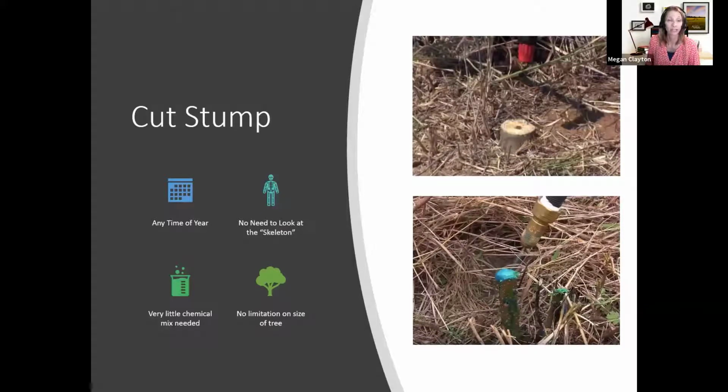This can be done this winter, which is always a plus, but it does take a lot of extra labor up front because you're removing that entire tree as low and as flat to the ground as possible, and then spraying that cut stump surface and any remaining stem that's on the plant. So you don't need a lot of chemical mix. There's no size limitation on the tree. If it does have multiple stems, you do have to be careful that you're treating every stem, but really 100% effective.